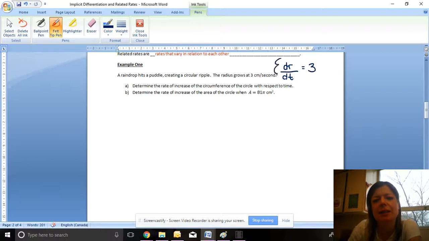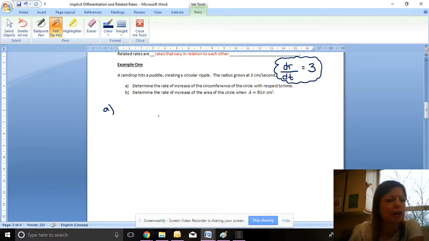So that's an important interpretation that we're going to use throughout this problem. Okay, so the radius with respect to time. So determine the rate of increase of the circumference of the circle with respect to time. So what this is looking for is the change in circumference, dc, with respect to time, dc dt.